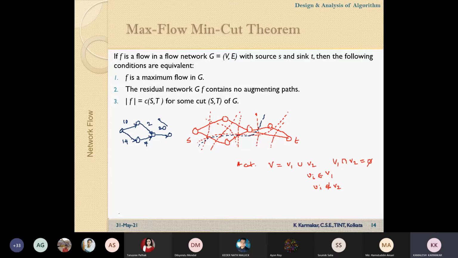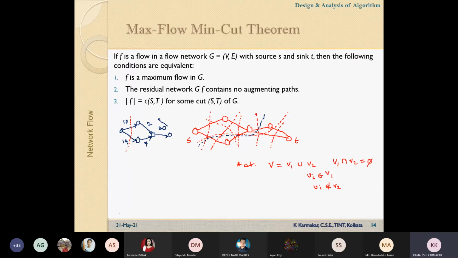So if we determine a cut, let me cut this graph like this. Through this cut, what can be the maximum flow? 10 plus 14 units. This one is 10 units and this one is 14 units.